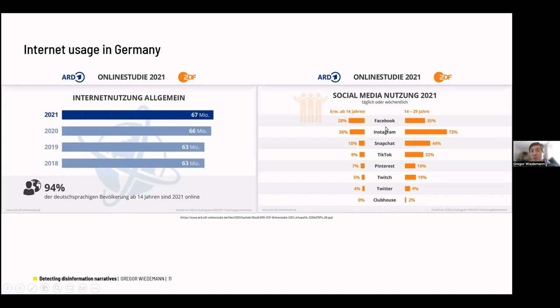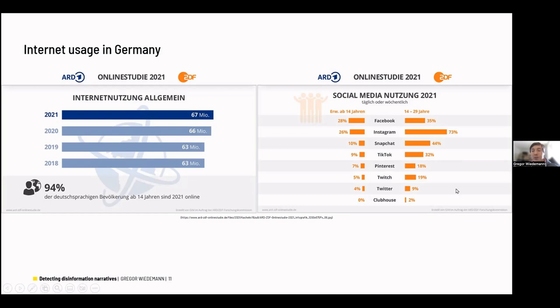There is much more popularity of Facebook and Instagram, for instance, especially for younger persons. But we have a considerable size of 4% for adults, and for the younger groups of 14 to 29, we have an even larger share of users for Twitter.